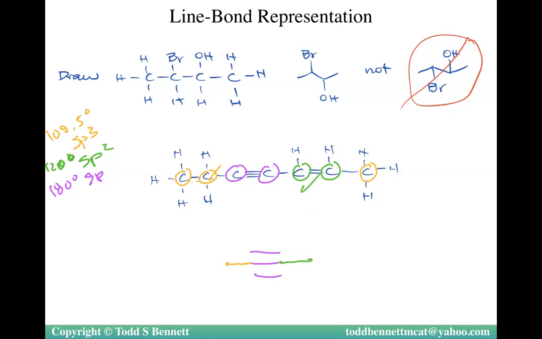Connected to this one is sp3, so it's going to be bent. And then connected to this one will be another sp2, so it's going to be bent. And then sp3, something like that. Now, the beauty of it is I could have this one point up or point down, it doesn't matter because sp3.